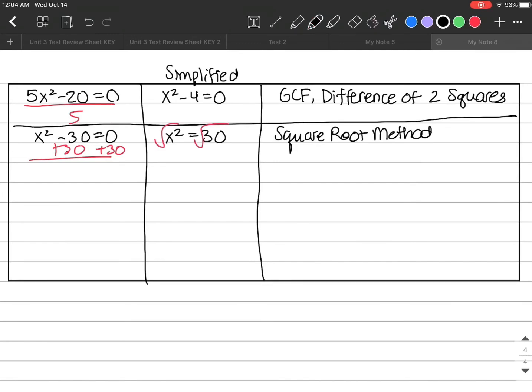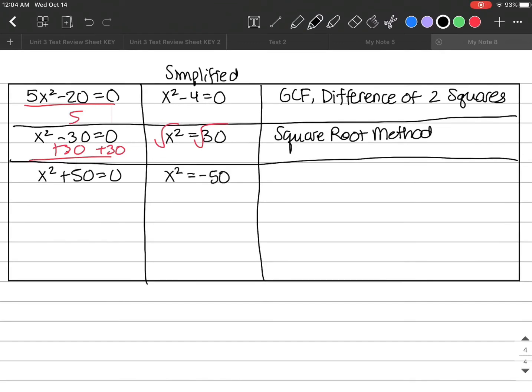All right, another example would be x squared plus 50 is equal to 0. Again, I don't have subtraction in between. These are not both perfect squares, but they are two terms, something squared and a constant. So I could rewrite this as x squared is equal to negative 50, which shows me that I could take the square root of both sides to find my answer.